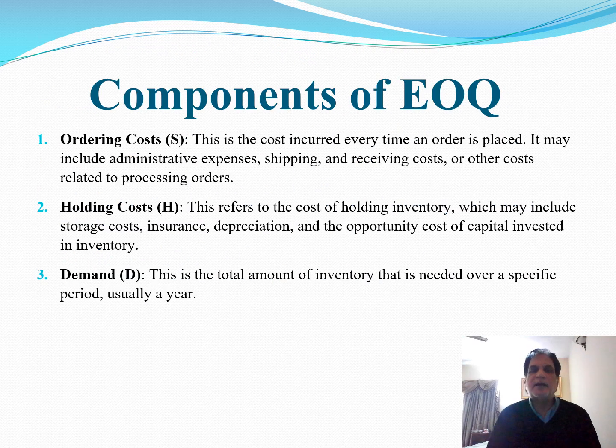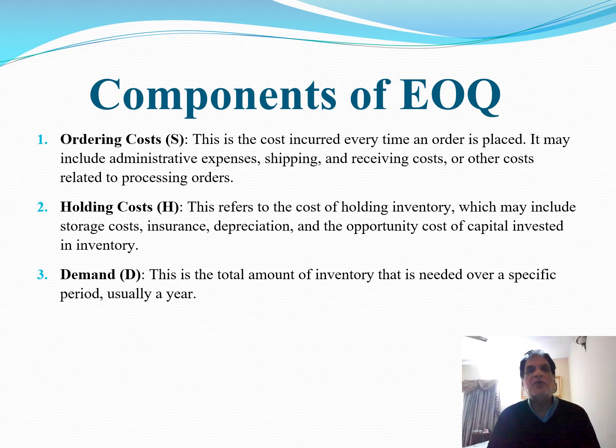Now let's explain these components of EOQ in detail. Number one was the ordering cost, which is S. This is the cost incurred every time an order is placed. It may include administrative expenses, shipping and receiving cost, or other costs related to processing the orders.